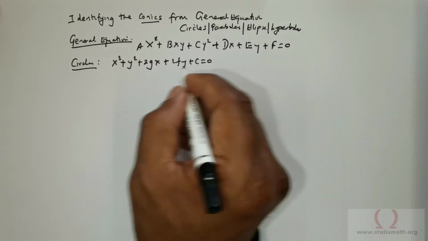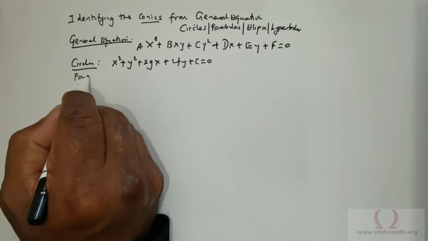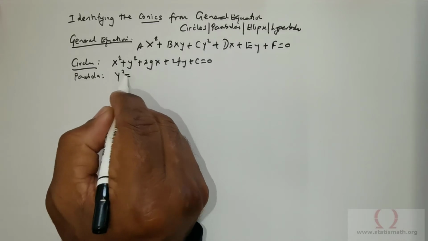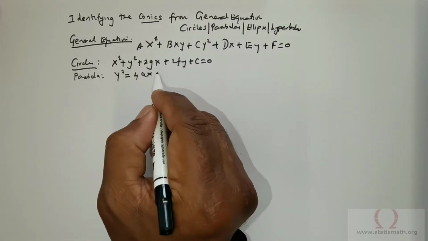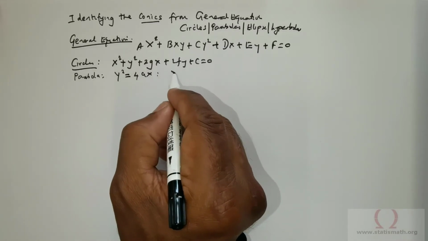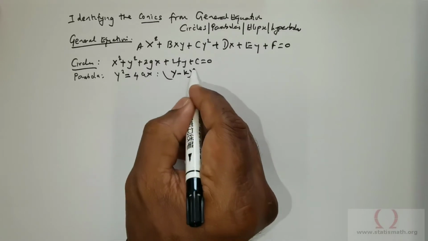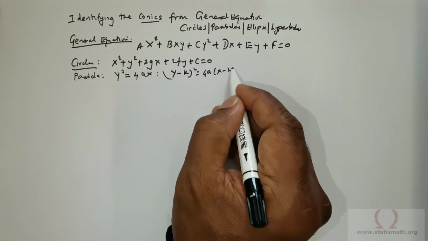So you should also remember that we studied the parabolas, and under parabola we had the equation of the parabola as y squared = 4ax, and similarly for x and y. And we also studied different variations of parabolas like (y - k) raised to the power 2 is equal to some constant times (x - h).